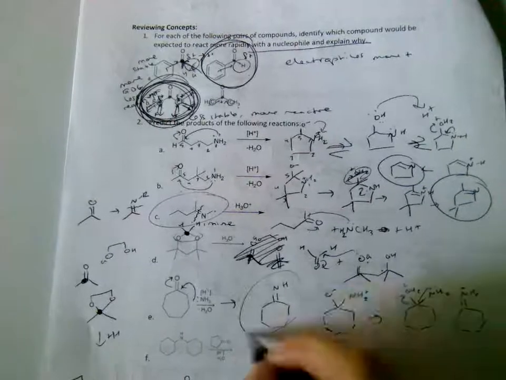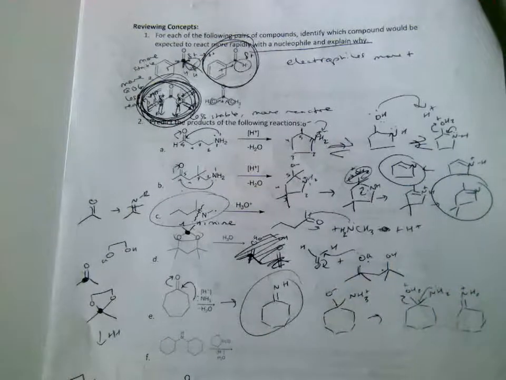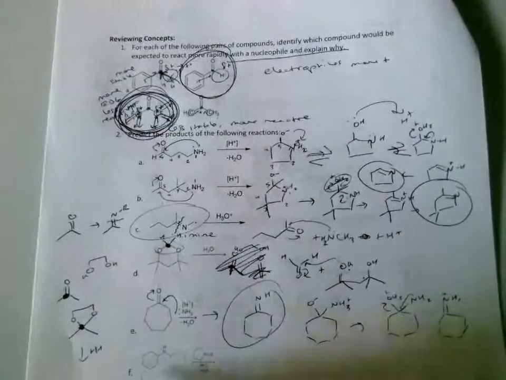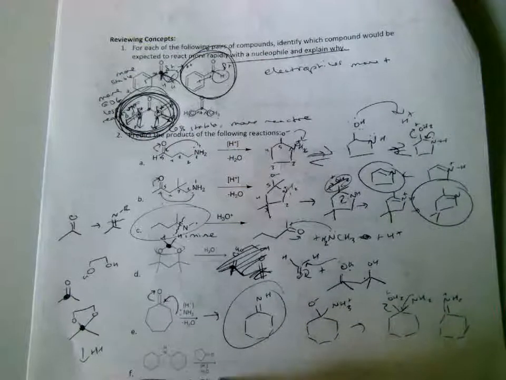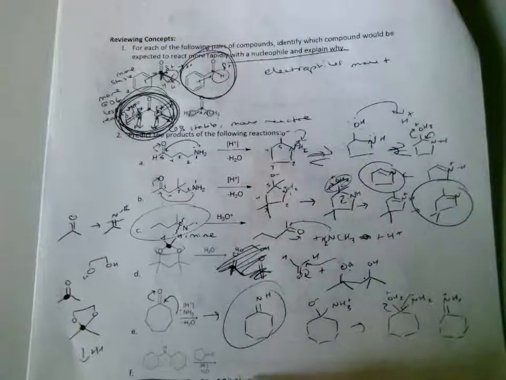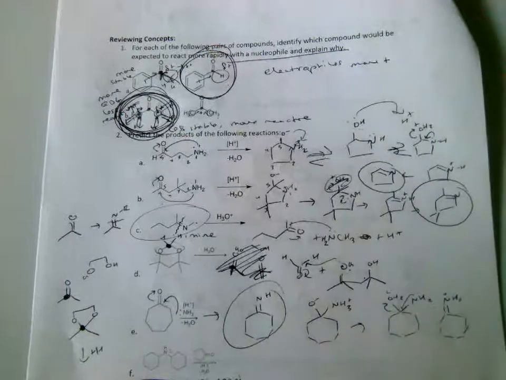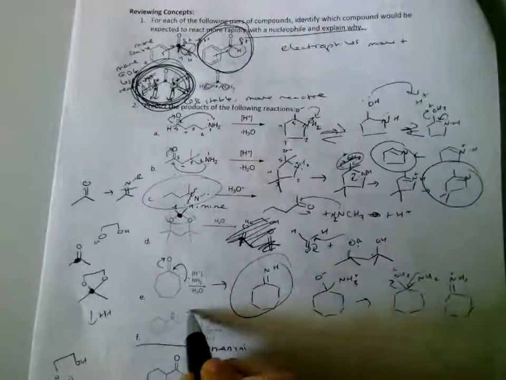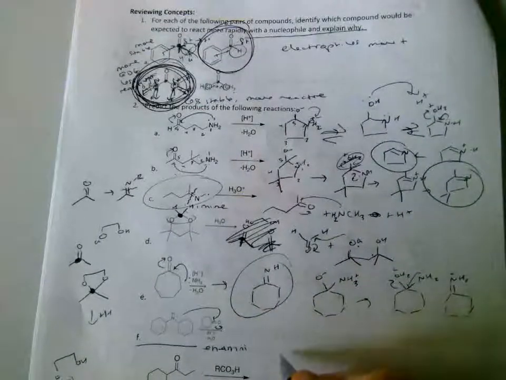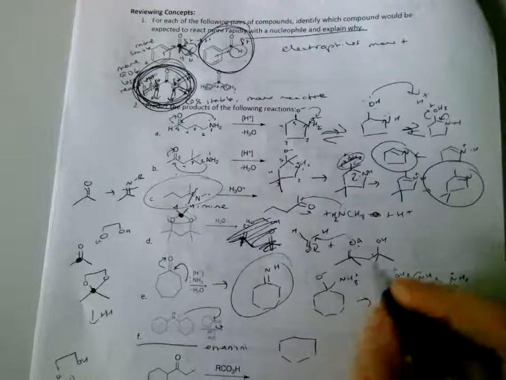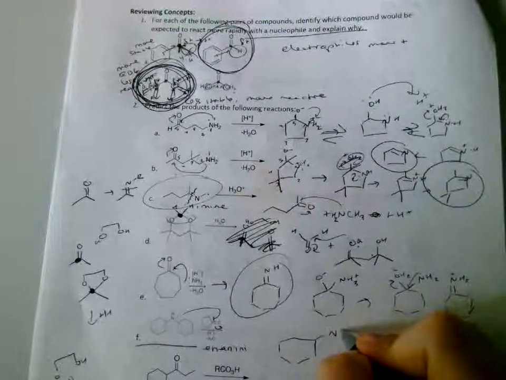That would be deprotonated, and you'd end up with this. This is a secondary amine, so it would make an enamine, not an imine. But even if you don't know that, you can just go through the steps. This would attack and kick up, and you'd end up with, there is not enough space on this page.